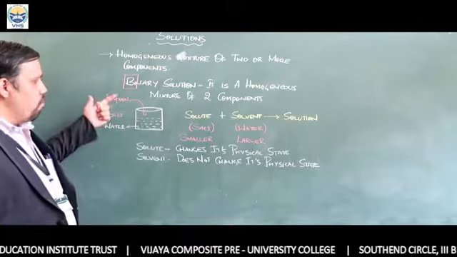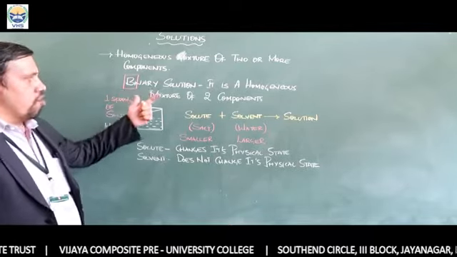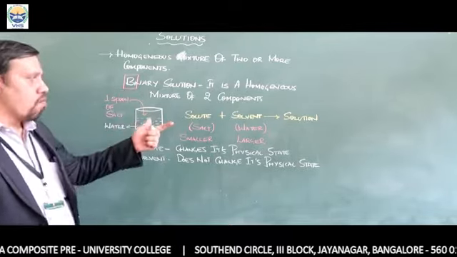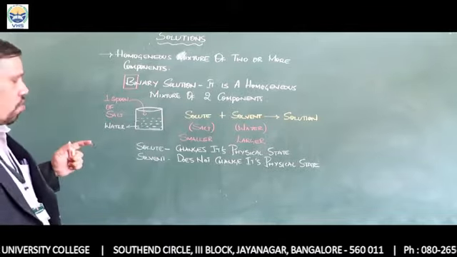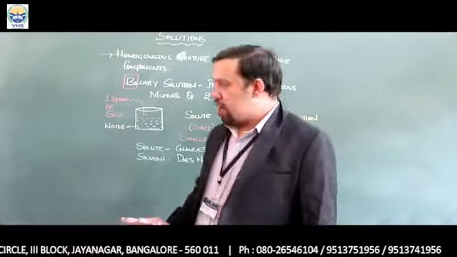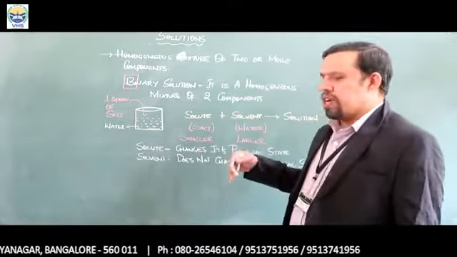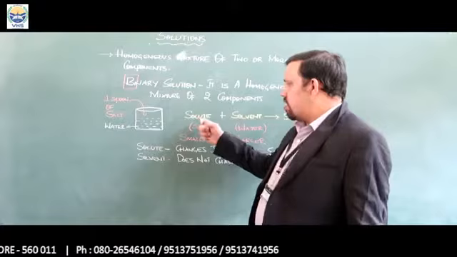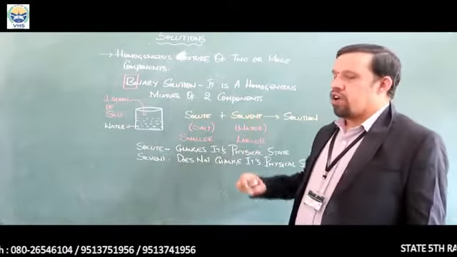So binary solution means what? Homogeneous mixture of two or more components. So in this chapter, many number of times I will be using this term called solute and solvent.